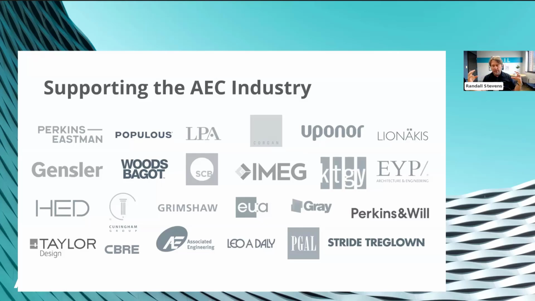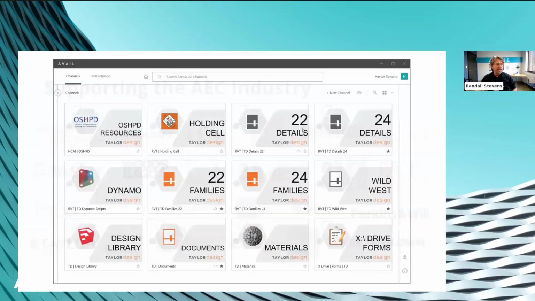A lot of multidisciplinary firms, so yes, everybody's been heavy in Revit, but don't forget that there's still a lot of AutoCAD and a lot of Civil 3D that's going on in a lot of workflows. So as you can see up on the screen, we've got a lot of great clients who've supported and been using AVAIL over these last few years.